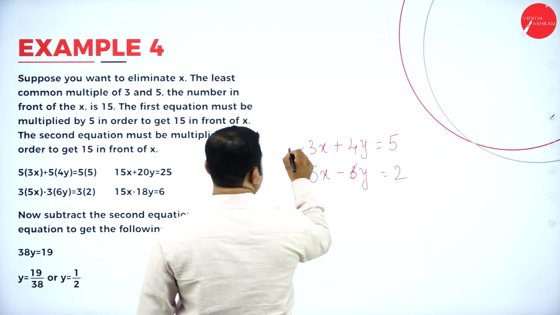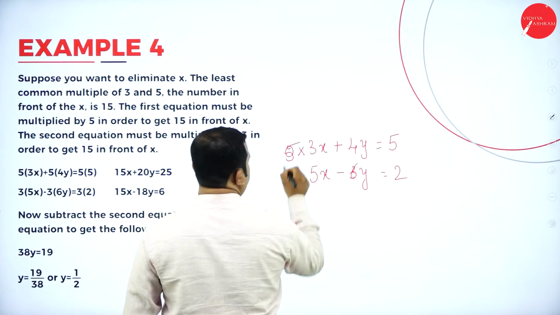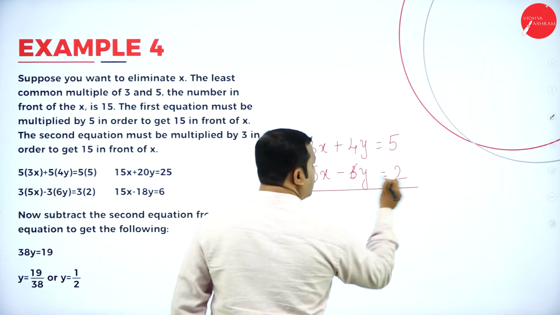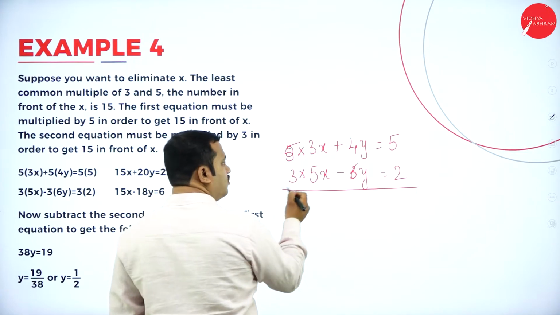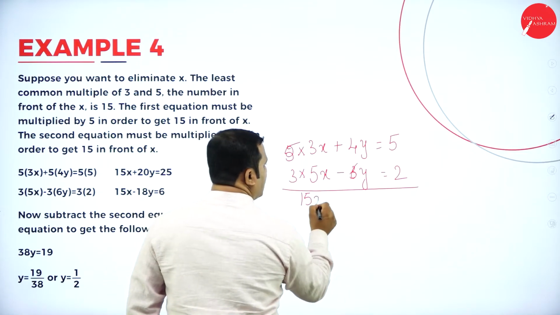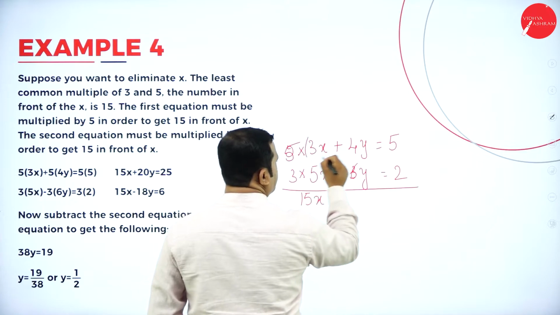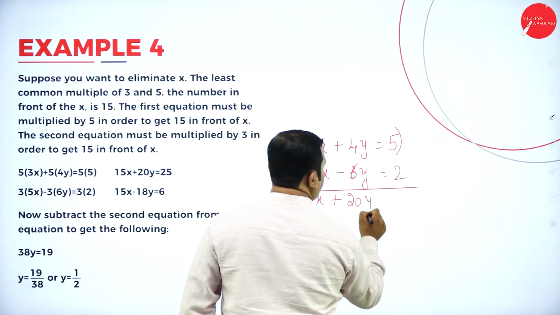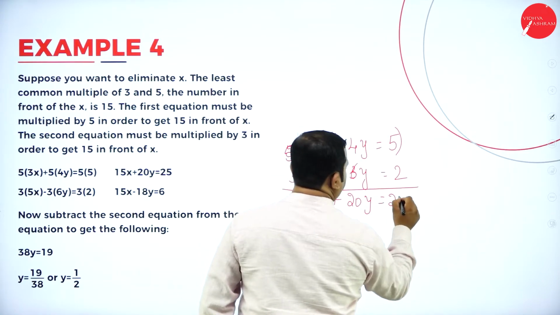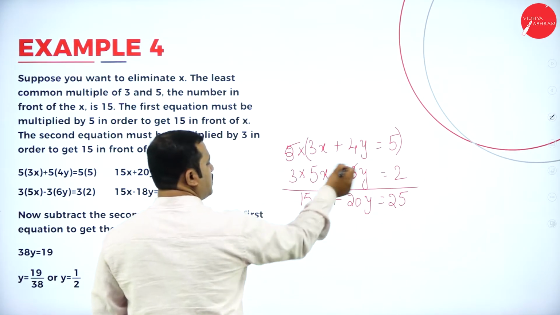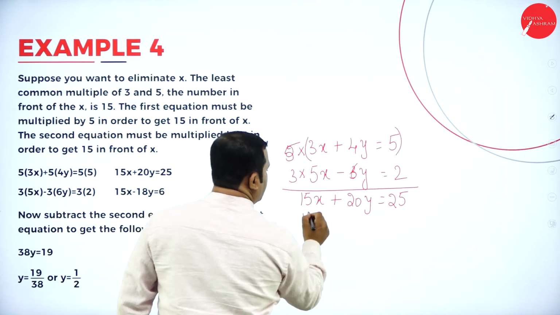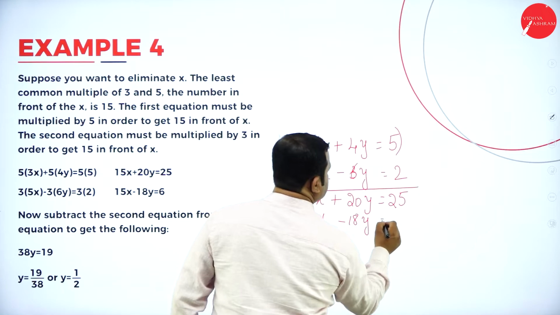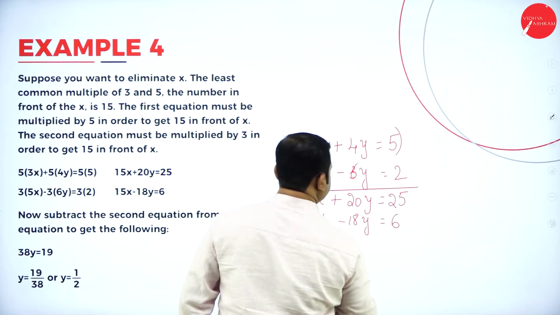If I multiply the first equation by 5 and the second equation by 3, what is the value we get? We are going to get 15x plus 20y is equal to 25. Then the second equation turns out to be 15x minus 18y is equal to 6.